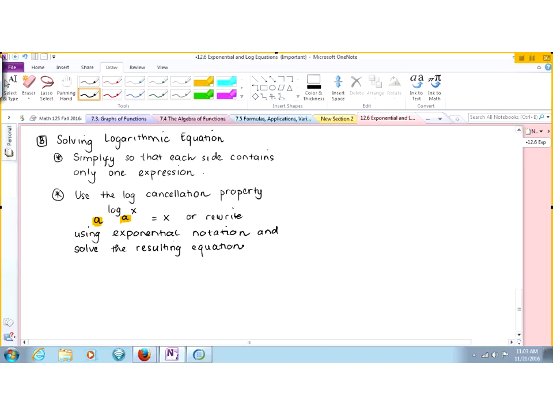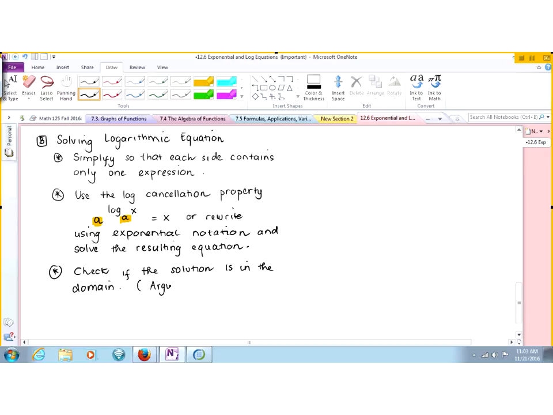All right. Okay. Now, once you solve, then check if the solution is in the domain of log.